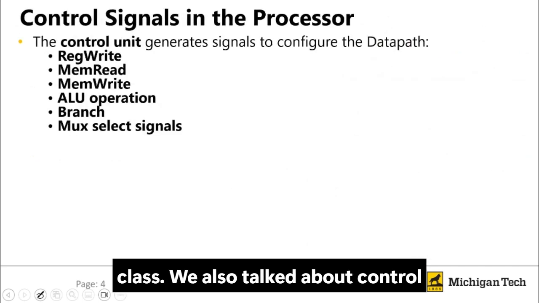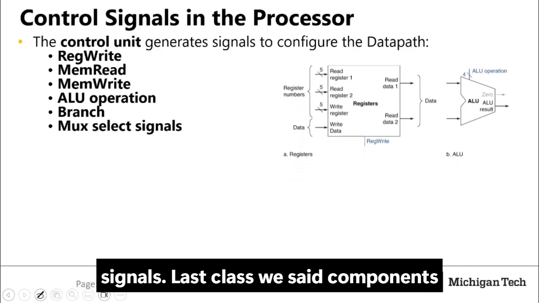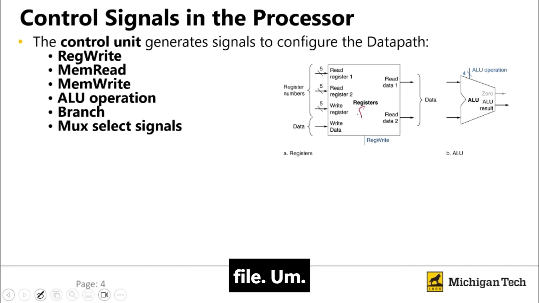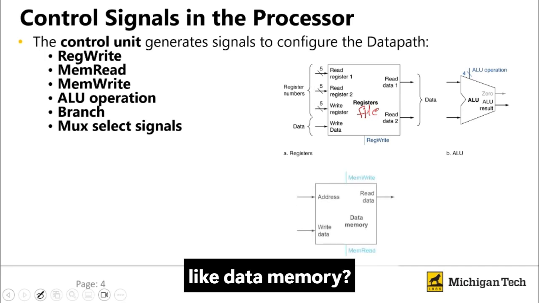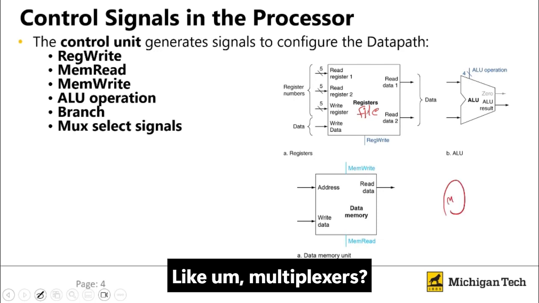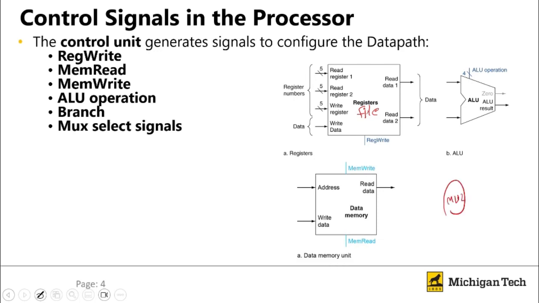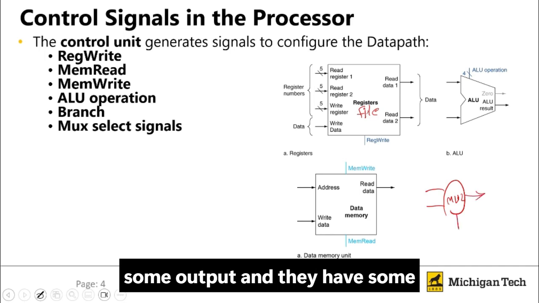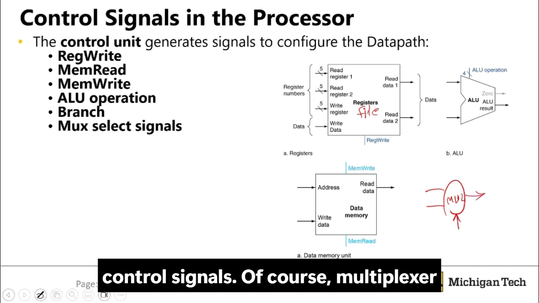We also talked about control signals last class. We said components that we are using, like register file, ALU, data memory, multiplexers, they have some inputs, some outputs, and some control signals.